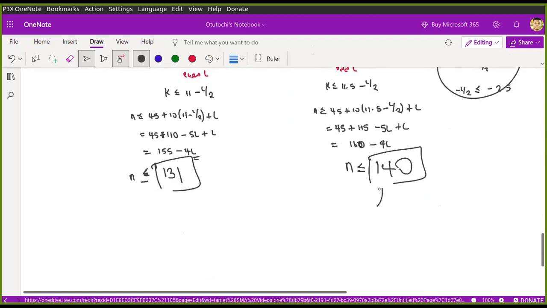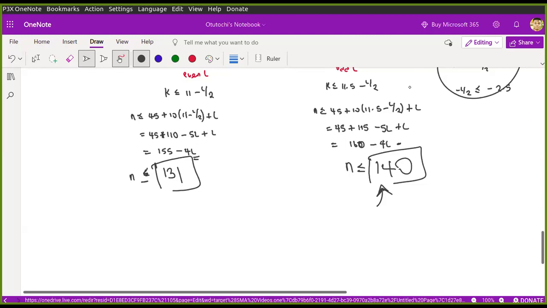But like I said, we actually have to check that this can actually reach 140. To do that, we'll take the case we have. The bound is reached when L is the smallest, when you're subtracting the smallest number, so that's when N is maximum.